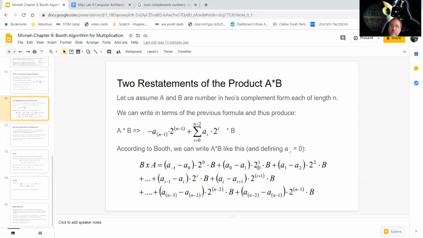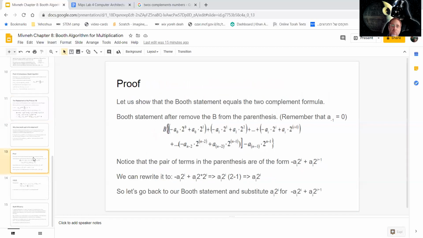We're going to spread this out. This 2 times B, we're going to attach it to this and to this. And then we're going to take the B out of it. You can work it out on paper, but you're going to get this expression. A to the 1 times 2 to the 1 plus A to the 1 times 2 squared. Anyway, it's going to keep going.